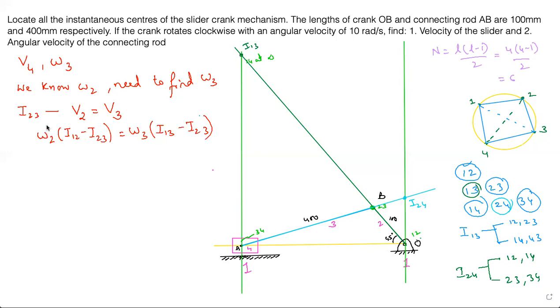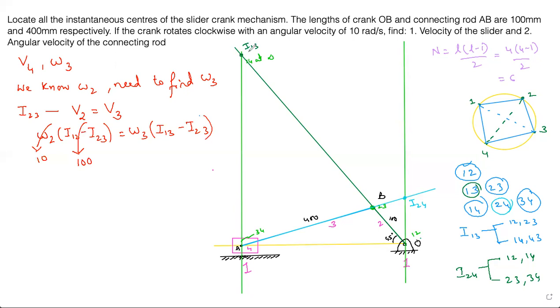Now here, you know omega 2, which is 10 radians per second. The I12 to I23 distance is the crank length itself, which is 100 mm. So no need to convert, because the units get cancelled out. Here also it's in mm, so take I13 to I23 also in mm. Where is I13?